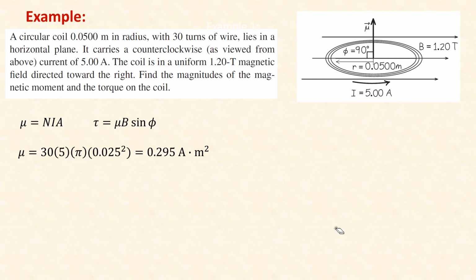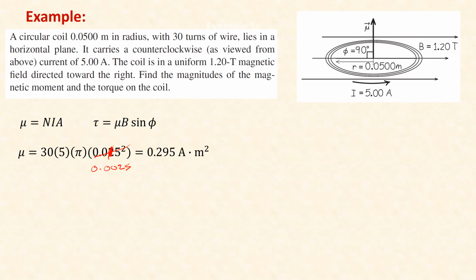So let me see if I calculate it correctly. 0.05 squared becomes 0.0025. It should be 0.05 squared, times pi, times 150.